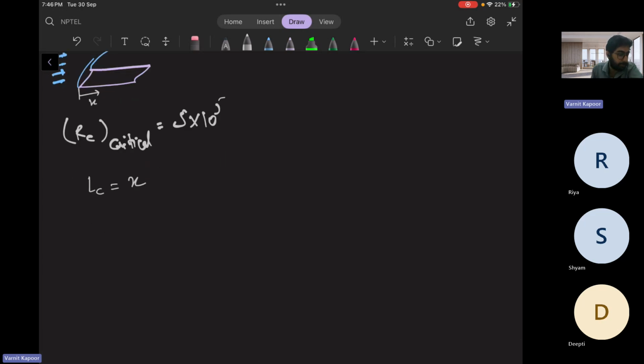If the plate length is x, then it will be x. So Reynolds number will be rho u infinity, with which flow is coming, into x by dynamic viscosity. So this is the free stream velocity.